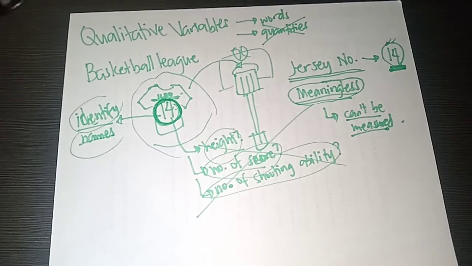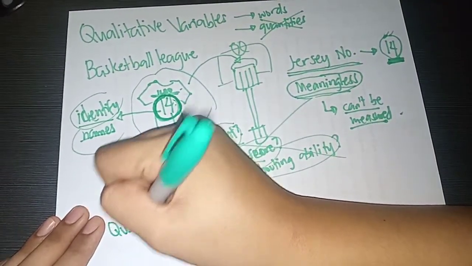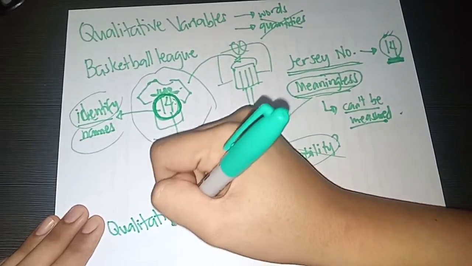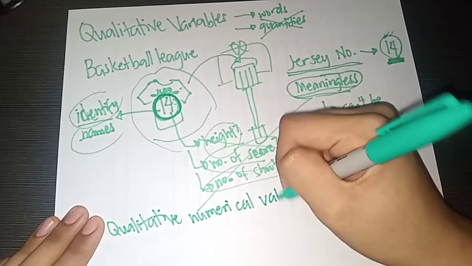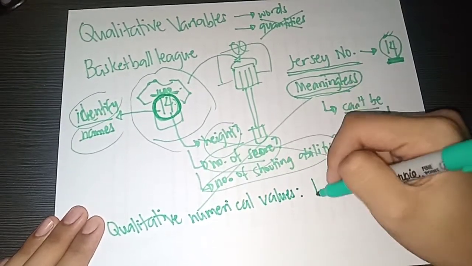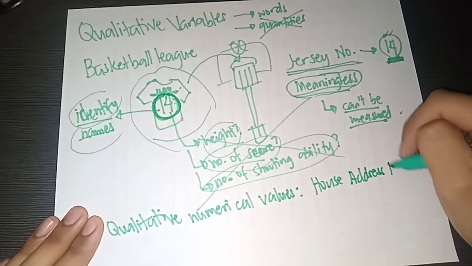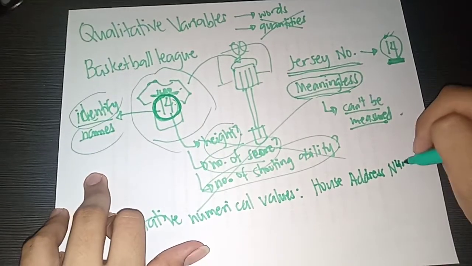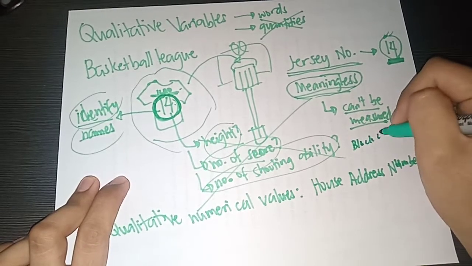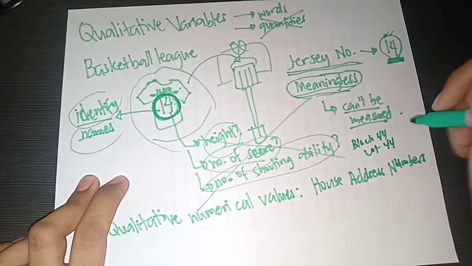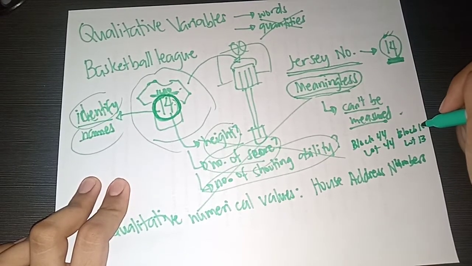Other examples of qualitative numerical values are as follows. Let's say we have the house address number. In a particular subdivision, we have, let's say, block 44, lot 44, block 12, lot 13, and so on.